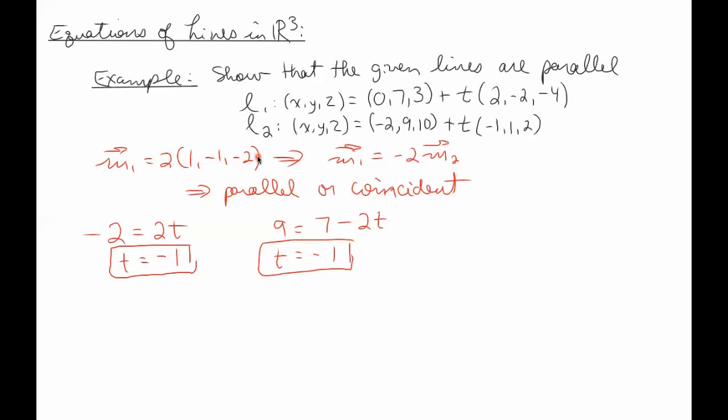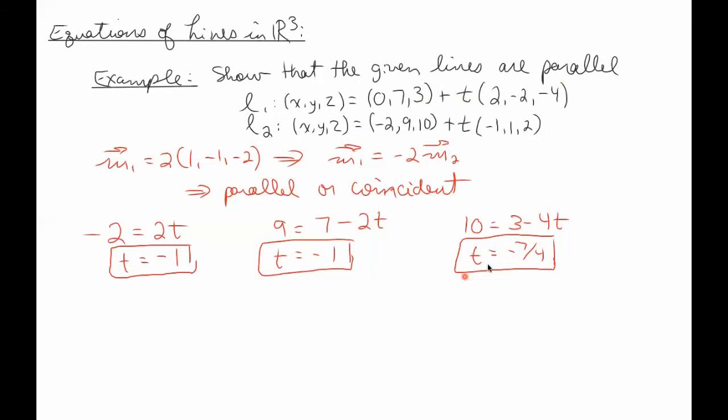Well, let's take a look. For the last component, the z, 10, for this to be on L1, it would have to satisfy this parametric equation, 3 plus -4t, so 3 minus 4t. And when we rearrange this, we get that t is equal to -7 over 4.